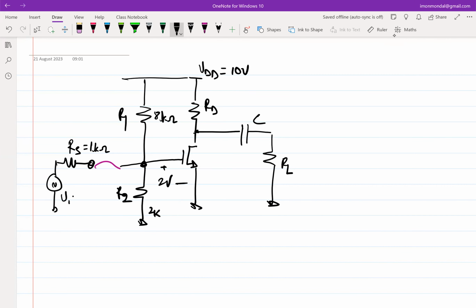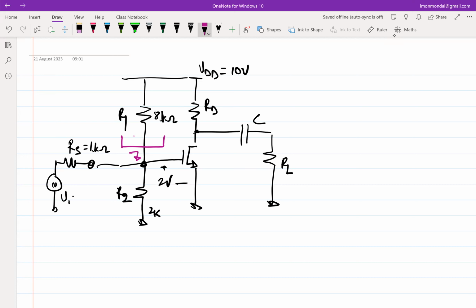Loading, yeah, right. So essentially, if I connect this, then naturally some current flows. If I check it from this side, the resistance looking down is what? It is 2 kilo ohm parallel 1 kilo ohm, right? It's no longer 2 kilo ohm.